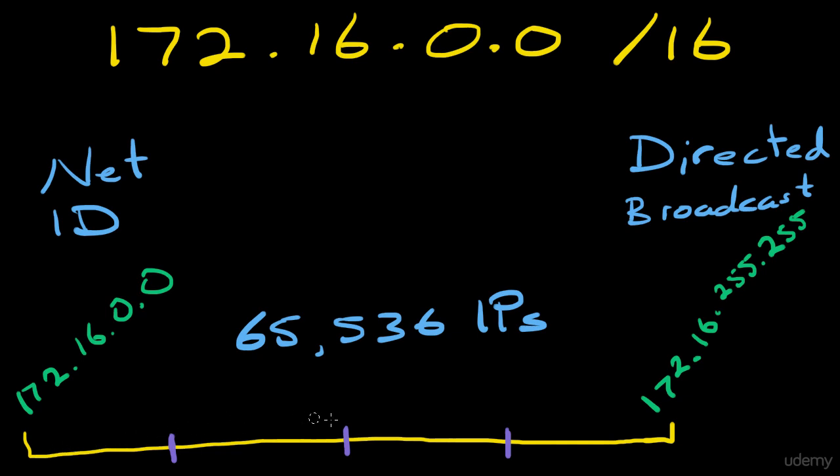It evenly divided the range into 4 pieces. If we were to take an extra bit, that would divide the range into 8s, and it would half the number of IP addresses that we get per subnet, because we're taking something that would have otherwise been divided into quarters, and we're dividing it into 8s.